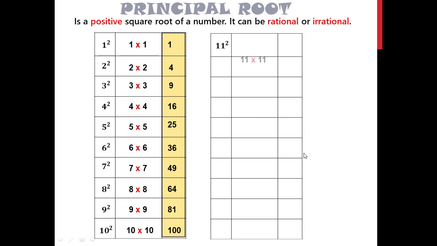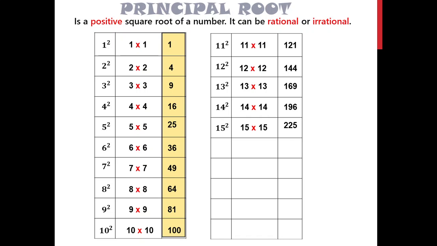Okay, so we have 11 squared, so you have 11 times 11, we have 121. 12 squared, you have 12 times 12, you have 144. 13 squared, 13 times 13, you have 169. 14 squared, 14 times 14, you have 196. 15 squared, 15 times 15, that's 225. 16 squared, 16 times 16, 256. 17 squared, 17 times 17, that's 289. 18 squared, that's 18 times 18, gives you 324. 19 squared, that is 19 times 19, 361.